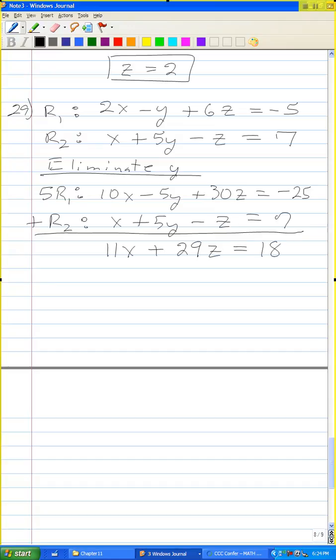Well, that's all nice and fine, but you only have two equations, so you've used them all to eliminate one variable. And so this is what's called an underdetermined system, because it has fewer equations than variables. In general, these usually have a lot of solutions.